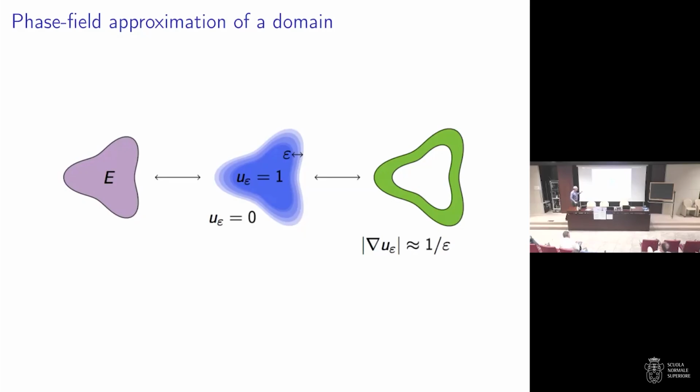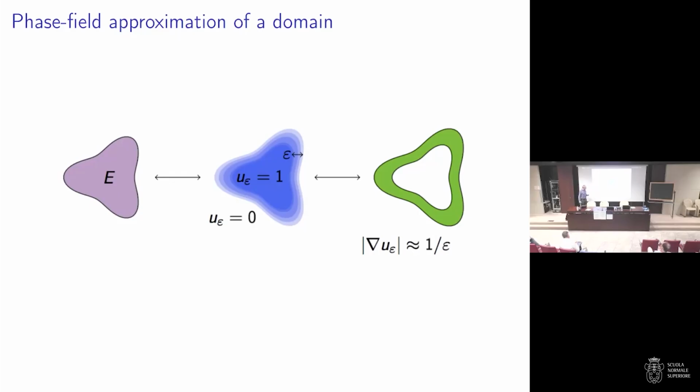But so the main idea of the phase field approximation is to start from the observation that if you're interested in the approximation of some geometric energy associated with the boundary of a domain, so let's call here E the domain you're interested in, and for instance you want to compute the mean curvature flow of the smooth boundary of this domain.